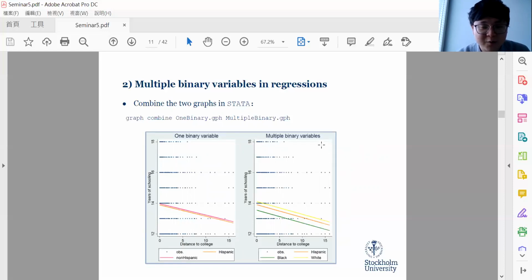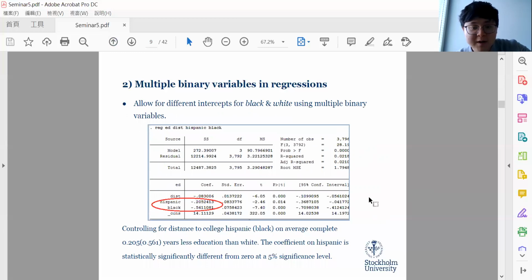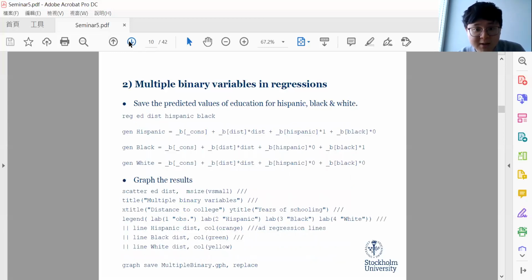When you use dummy variables, you allow for different intercepts, because you can see that the differences between the lines are the values that appear in front of those variables. For example, here Hispanic completes 0.205 years less than white, and black 0.56 less.